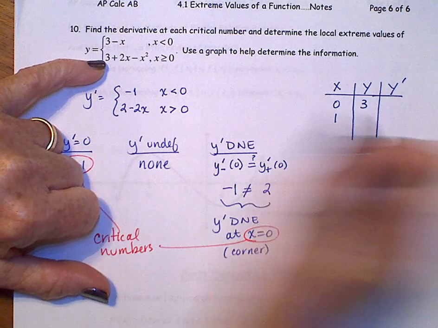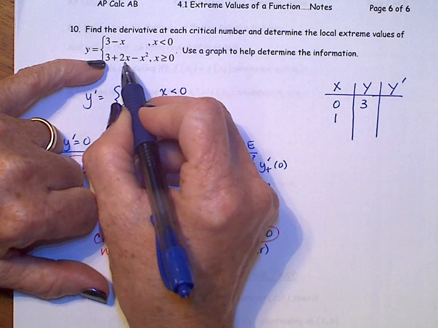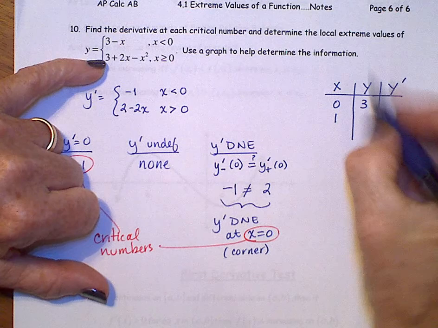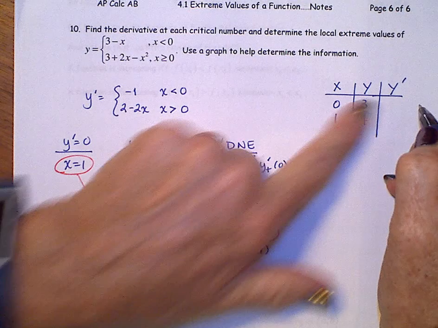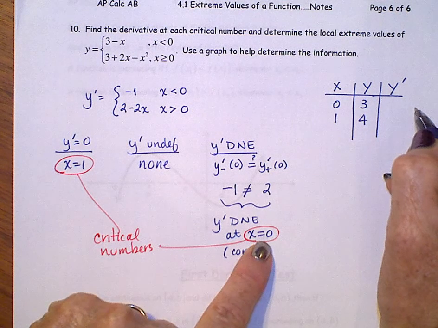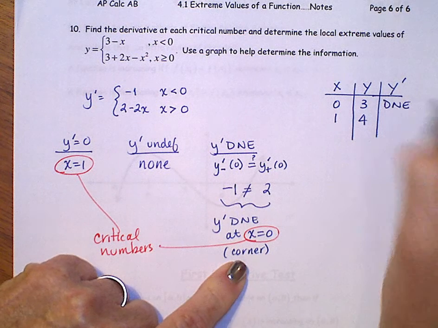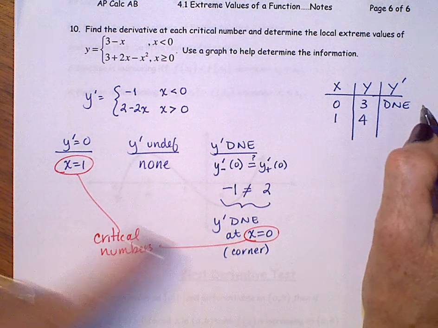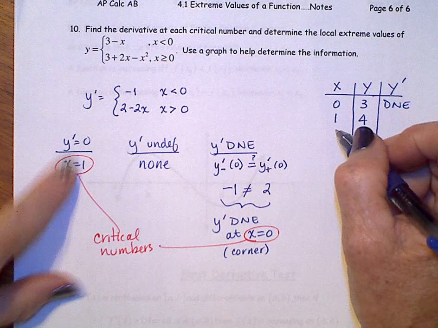A 1 gets plugged into this piece as well, and that's 3 plus 2 is 5, minus 1, 4. All right, now y prime at 0. Y prime at 0, that came from here. That was where y prime does not exist. And y prime at 1 is 0.